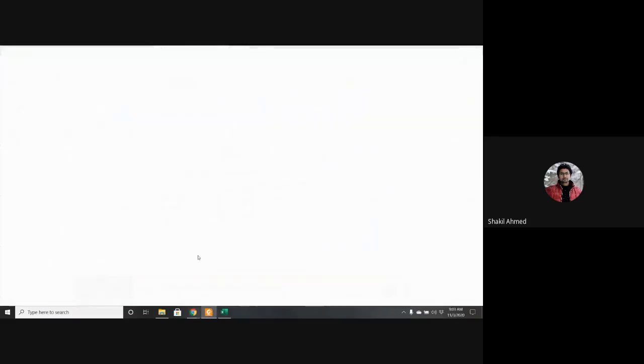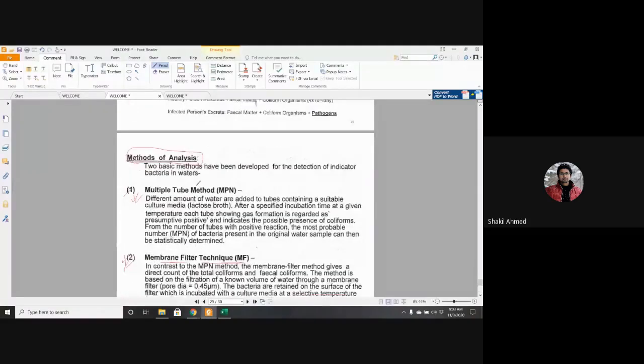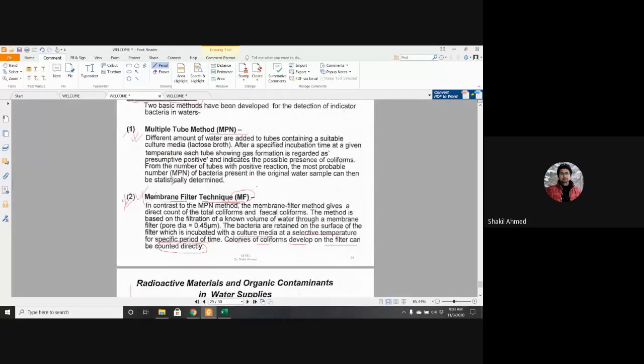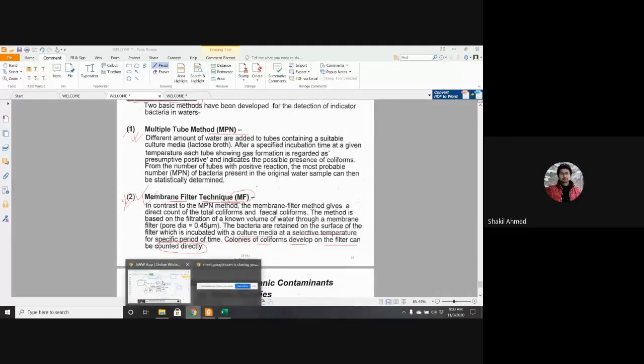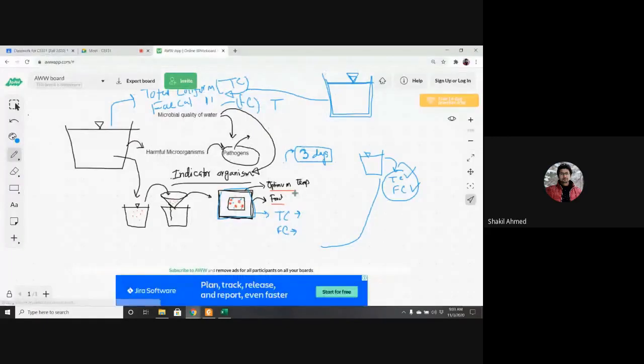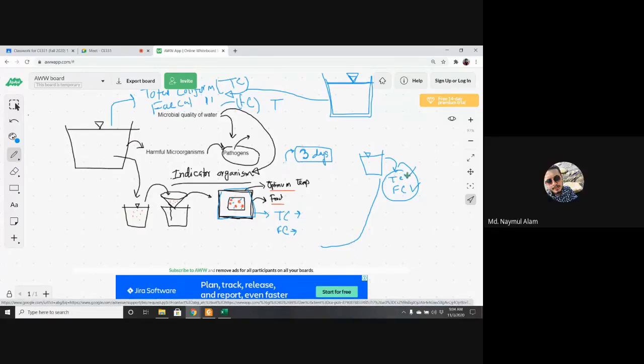You can determine this either by the MPN method or the membrane filtration technique. Usually we use this. Is it clear? Yes, sir.